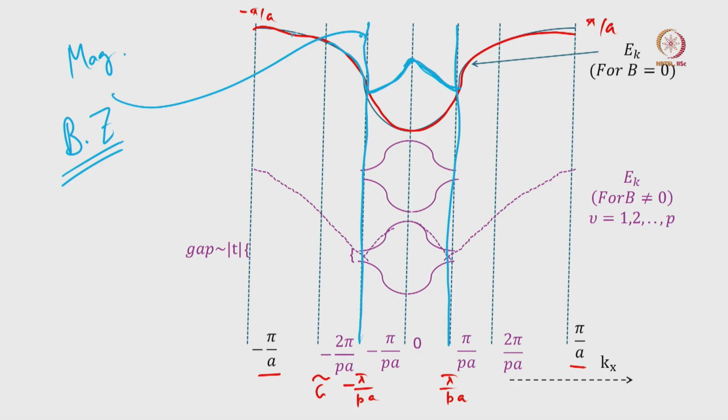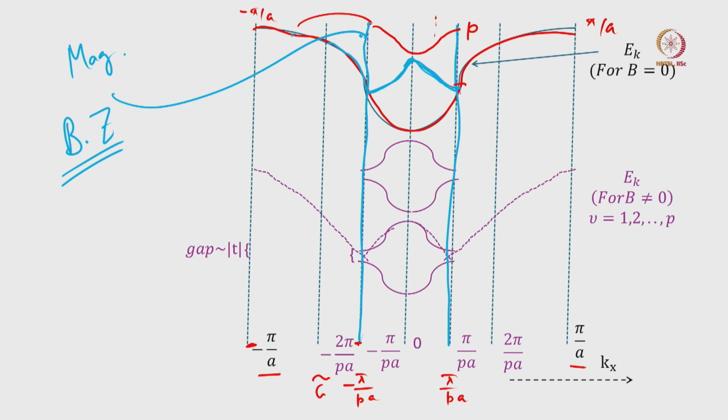Then we take this part, again we use red color here, this part, and then we will again fold it like this, and we will have such piece p times we will fold, because from here to here you will have p times, right, from here to here. So, we will have p such bands.